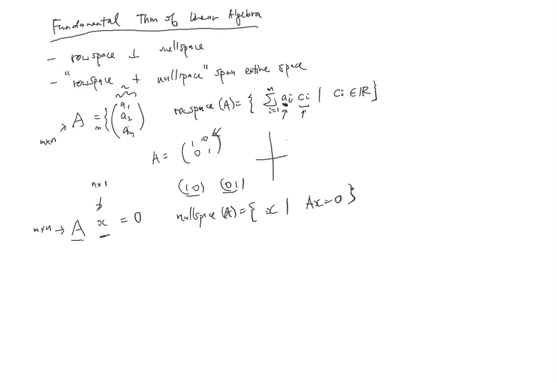Now the fundamental theorem of linear algebra says that the row space and null space are perpendicular to one another. Meaning that if I pick any vector x in the row space of A and any y in the null space of A, then x and y are perpendicular, or the inner product is equal to 0.